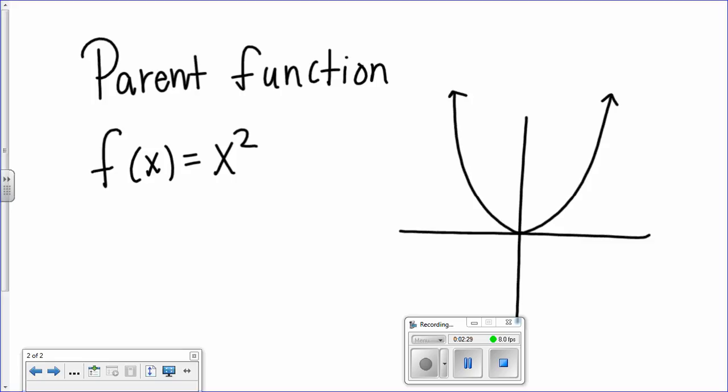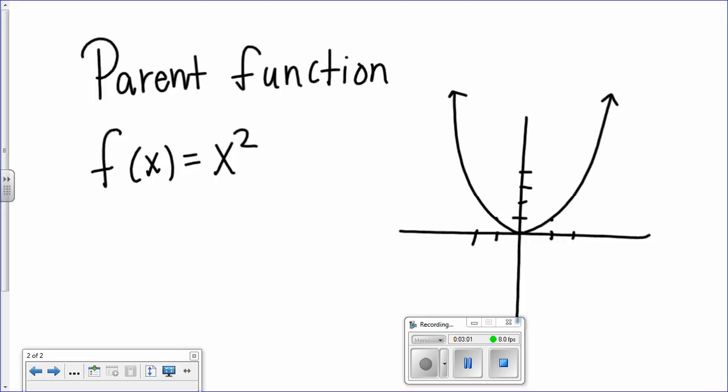That's the parent function right there. If you think about it, 0 squared is 0. 1 squared is 1. 2 squared would be 4. And then over here, negative 1 squared would still be 1. Negative 2 squared would still be 4. So, it would be a positive 9. So you square it, it takes away the negative, right? Okay, so that's the parent.